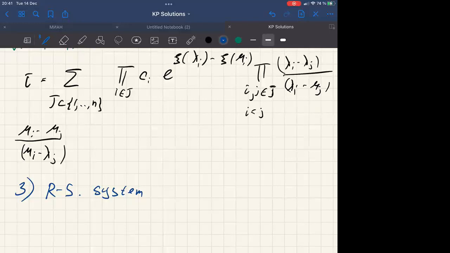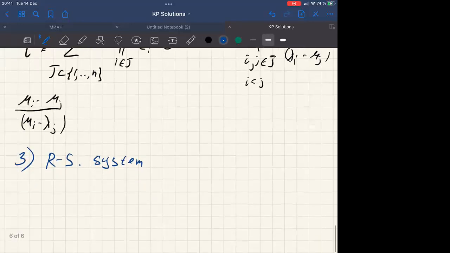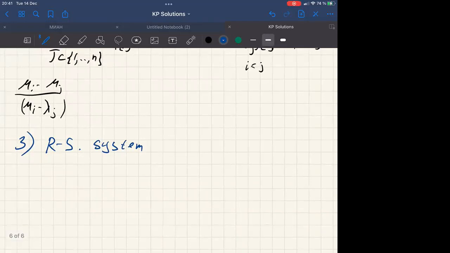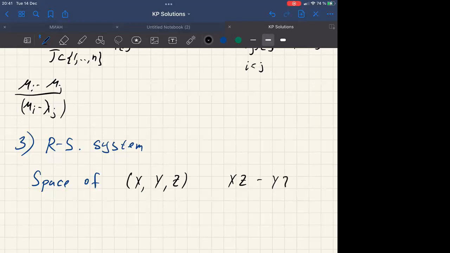I don't know why in this case we should obtain just Reginald-Snyder, not some limit of Reginald-Snyder, but let me take a space of 3 matrices X, Y, Z, satisfying the condition that Z minus Y X is less than or equal to 1.